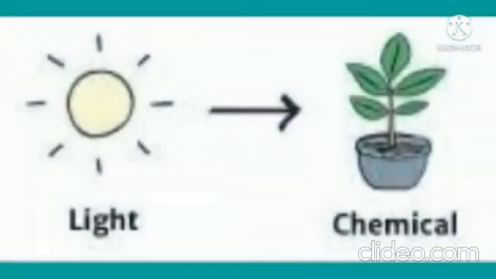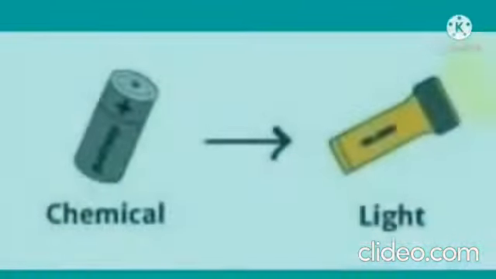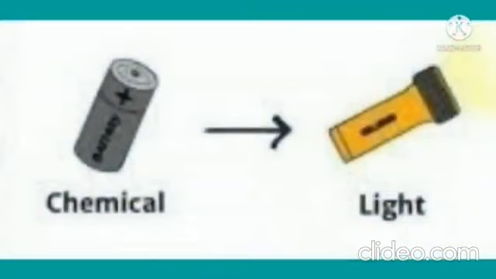Here light energy is converted to chemical energy. Here chemical energy is converted to mechanical energy. Here chemical energy is converted to light energy.